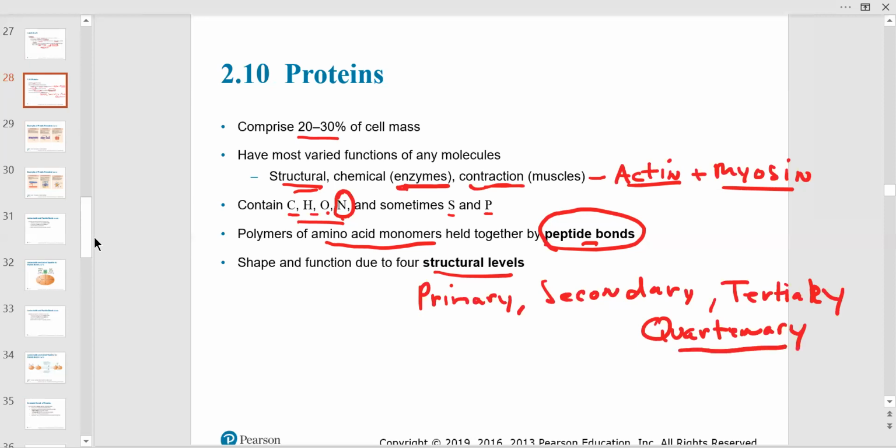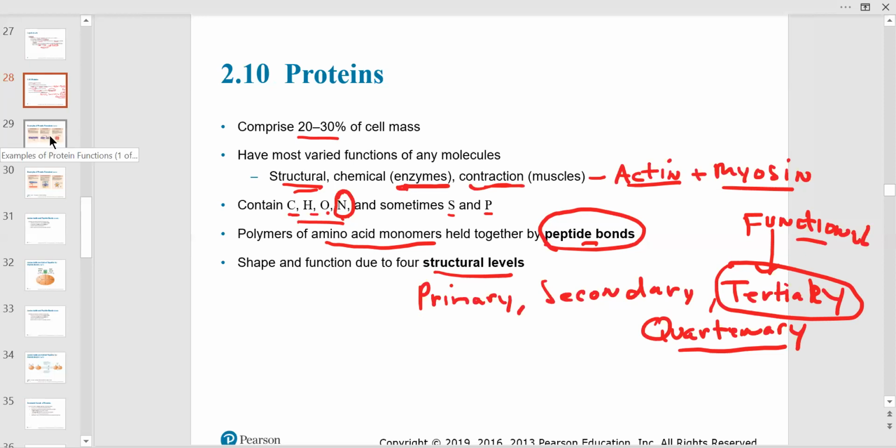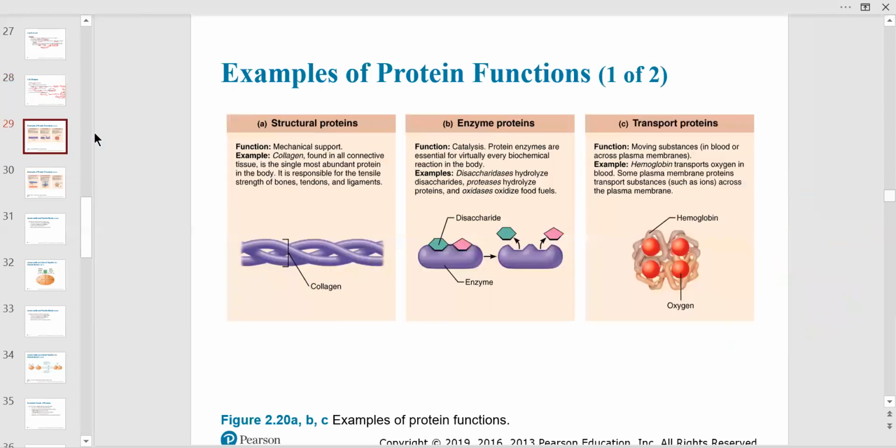And really, the tertiary shape is probably the one we deal with the most because that's the real functional, specific protein shape. And that has to be designed through the machinery of DNA being transcribed to messenger RNA, and then sent to the ribosome to translate that into proteins like an enzyme.